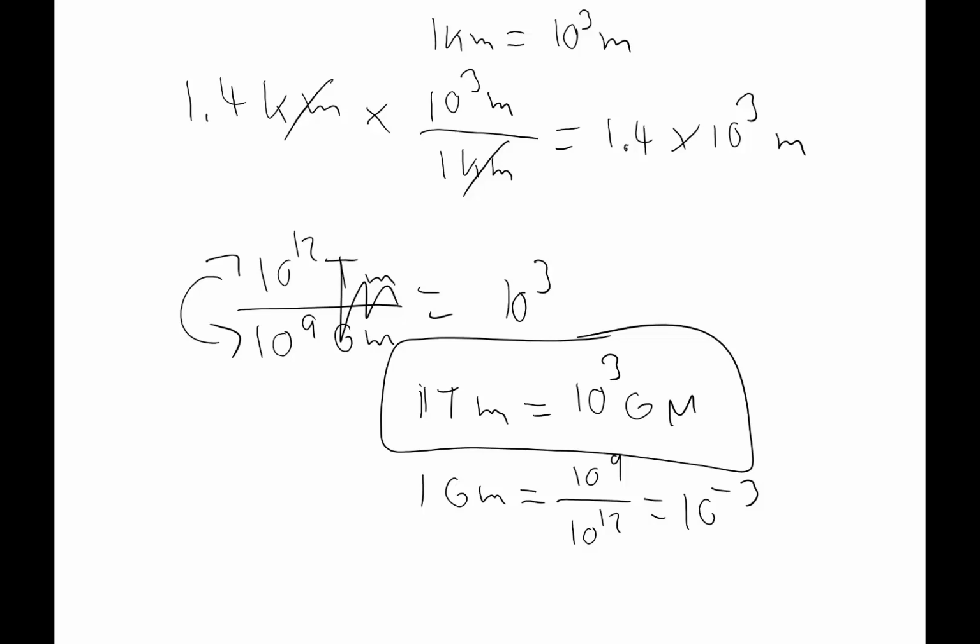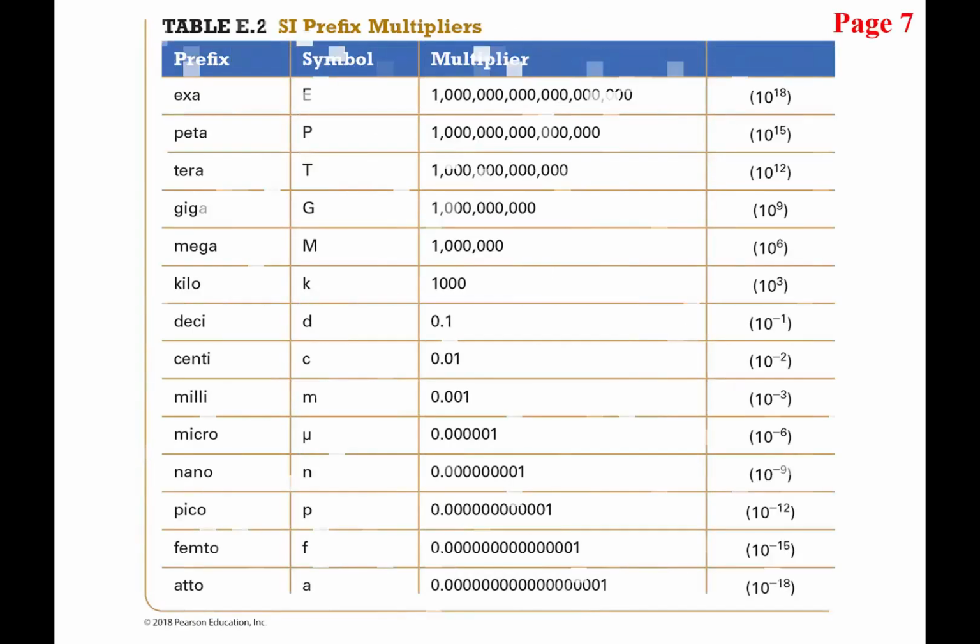Now, if you don't quite make that connection when you first start doing these problems, you can do this in 2 steps. I'll go to another clean page here. We know from the conversion table that 1 terameter equals 10 to the 12 meters. That's a conversion factor.